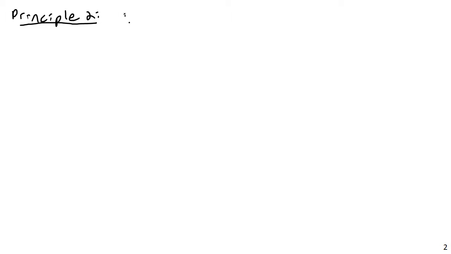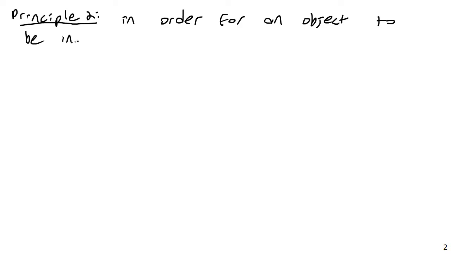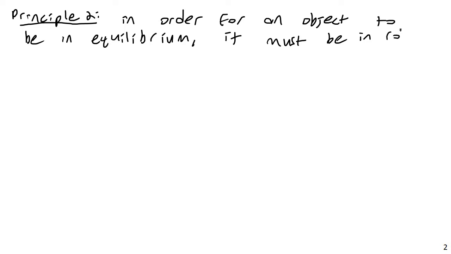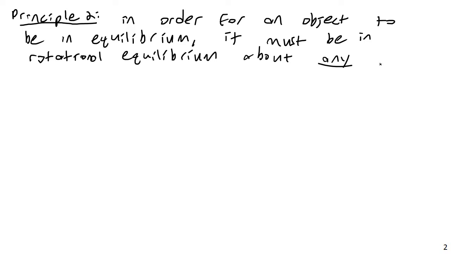In order for an object to be in equilibrium, it must be in, or I should say must be in rotational equilibrium, rotational equilibrium about any axis of rotation. Any axis of rotation.